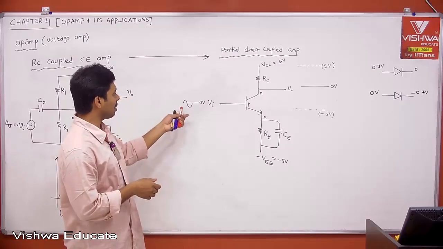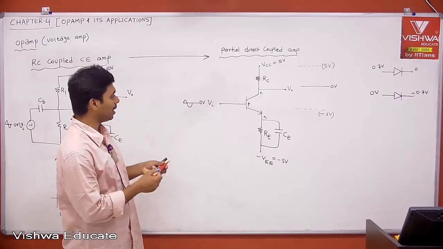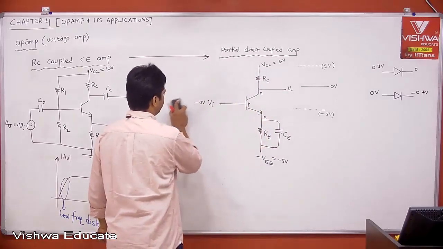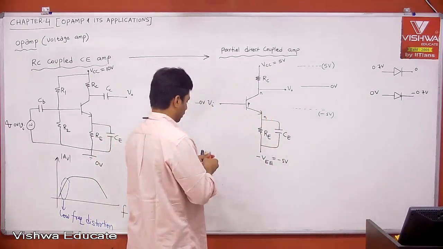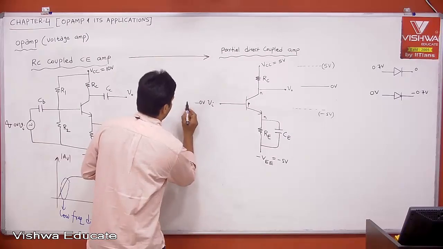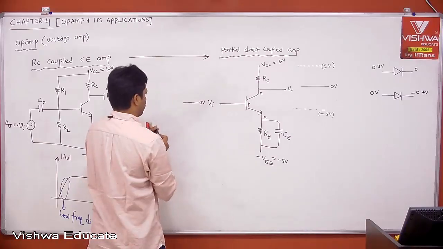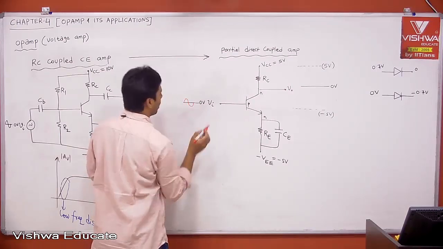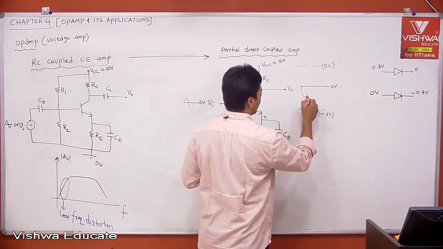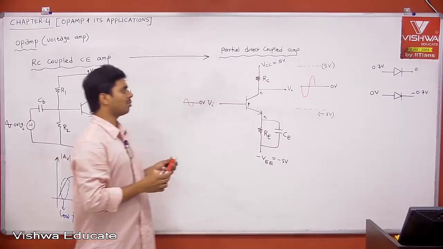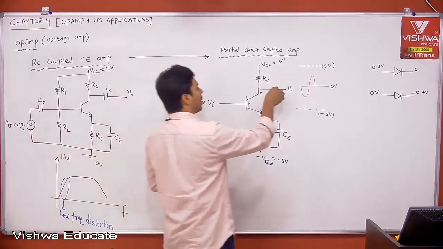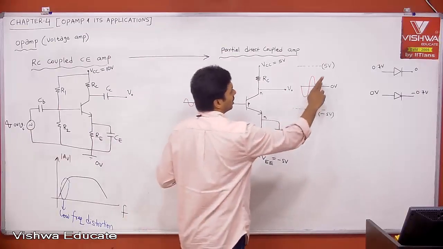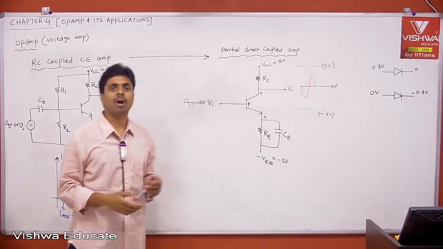Whatever small signal you want to amplify, now this is amplified, and you get it at the output. Directly, without any capacitor, I can give it to the load, because it doesn't have any DC voltage. No need to block the DC.